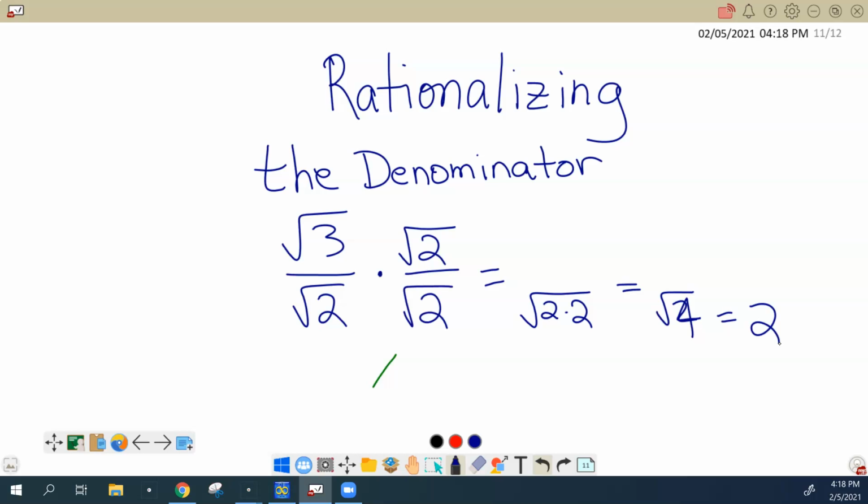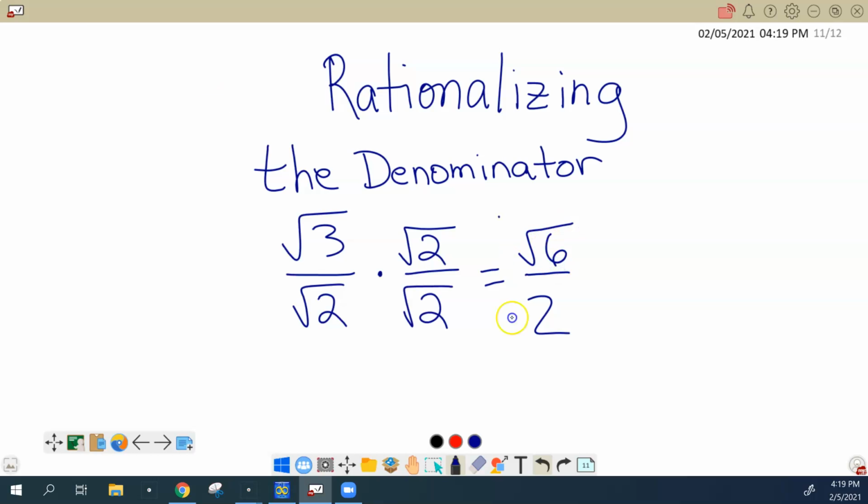So that's what's going to happen in the denominator of this fraction. So let's go ahead and accept that when you multiply a root by itself, you're just going to get the number back. So we're just going to get 2 on the bottom. On the top, we're going to do the same thing: root 3 times 2, which is going to give us root 6. And this would be our final answer.